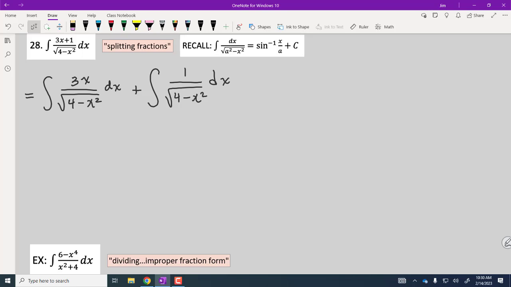All right, this one. What technique are we going to use here? Should be our number one technique. It's the only technique you really had before coming in today. Multiply by conjugate.